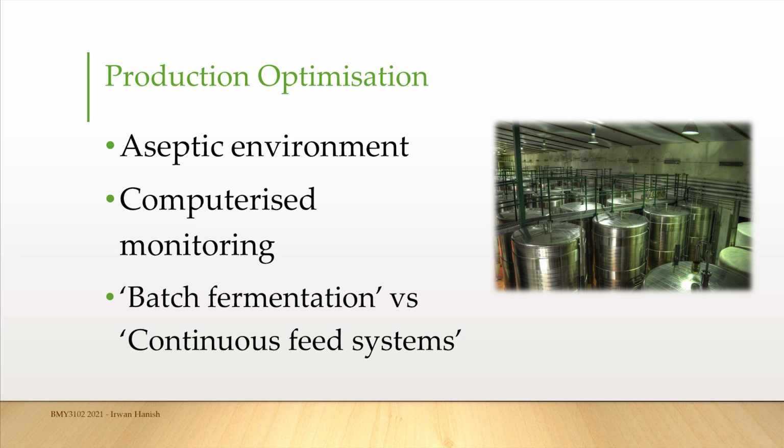There are at least 2 types of fermentation: batch fermentation and continuous fermentation. In batch fermentation, everything is added and fermented, right? Then when you're done, the product is retrieved. And then what we do is we sterilize the whole thing, we clean everything up, and then put a new batch in.